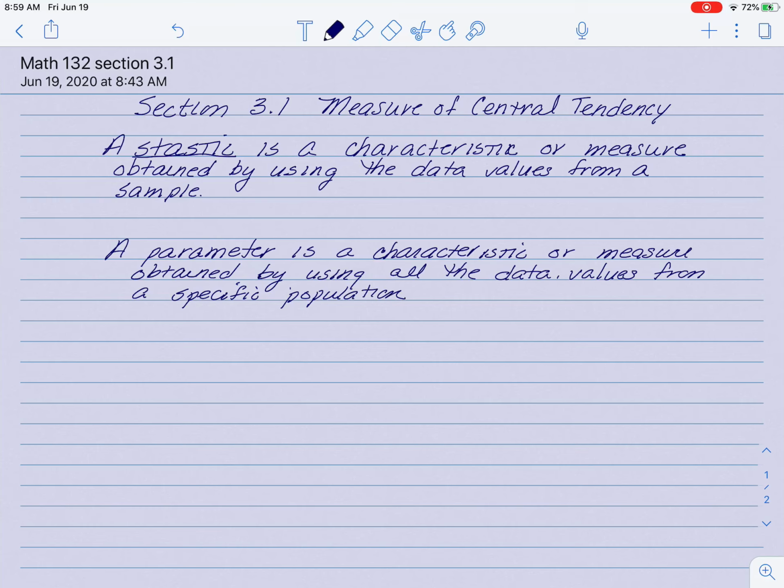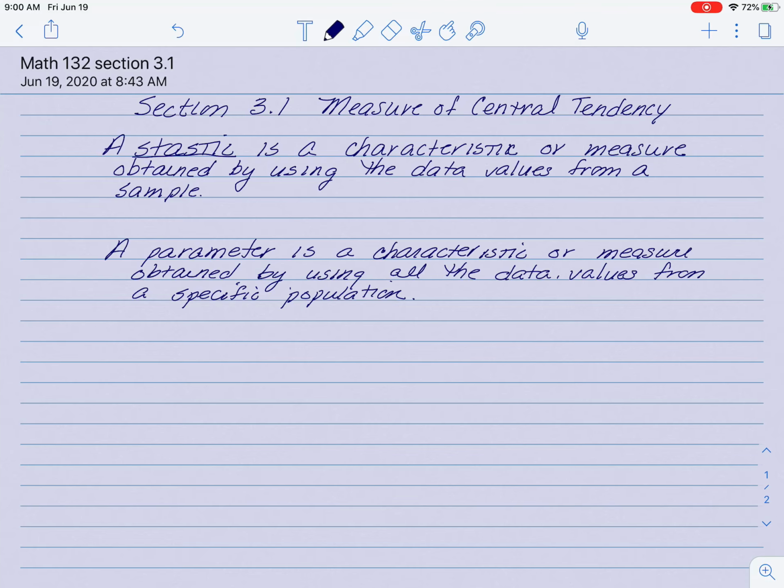So for example, if we were going to define the population as everyone in this Math 132 summer 2020 class, then we could take all the data from that population and talk about the mean height, or the average height, of everybody.